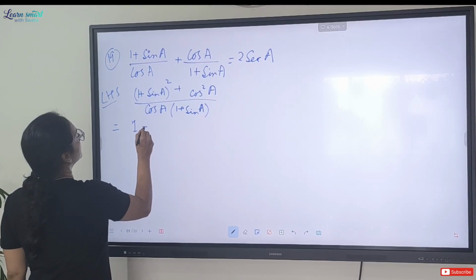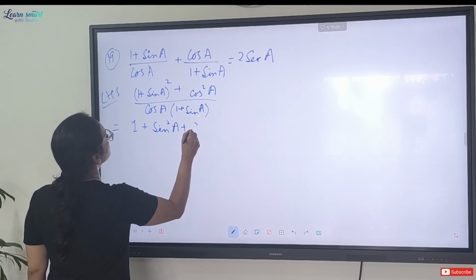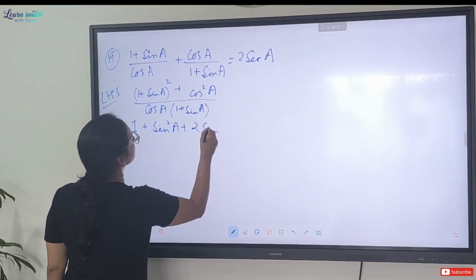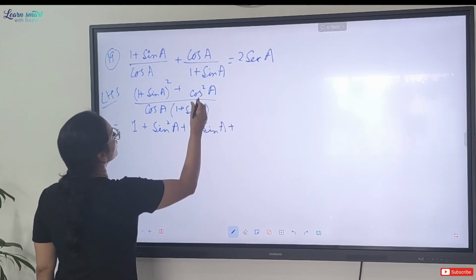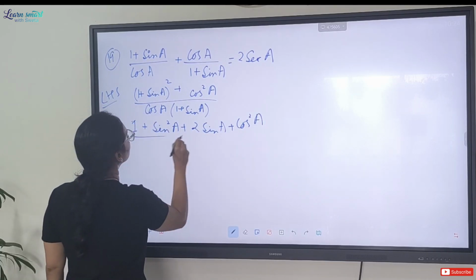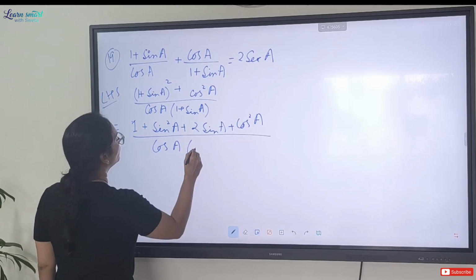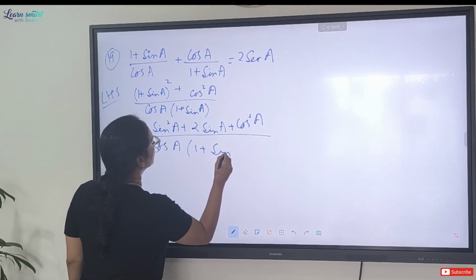So A square plus B square plus 2AB, which is 2 sin A, and plus cos square A upon, so the denominator, let us keep it cos A into 1 plus sin A.